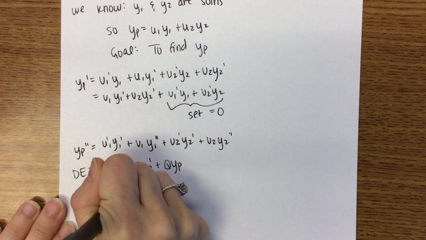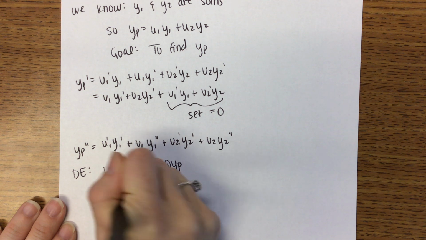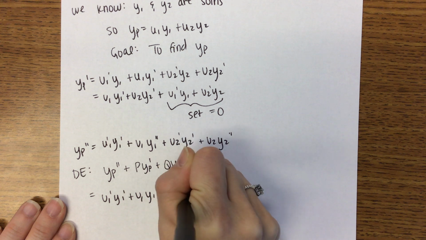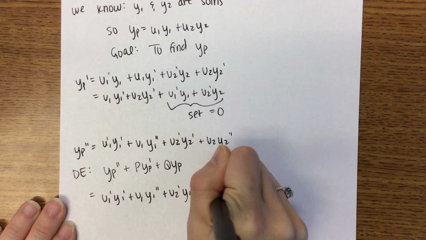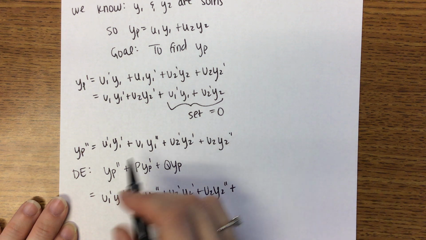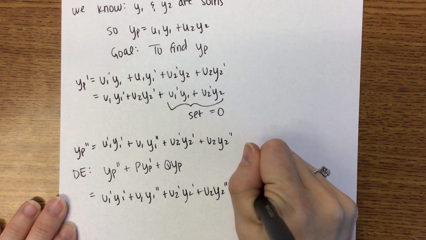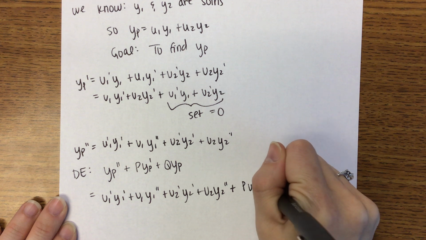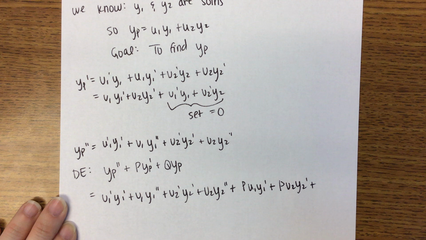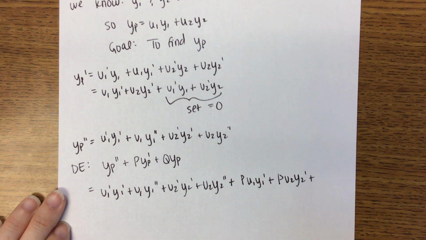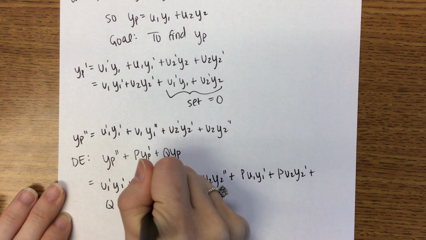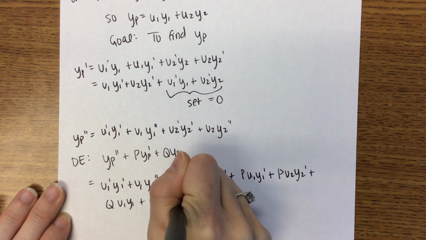So u1 prime y1 prime, plus u1 y1 double prime, plus u2 prime y2 prime, plus u2 y2 double prime, plus p times u1 y1 prime, plus p times u2 y2 prime, plus q times u1 y1, plus q times u2 y2.